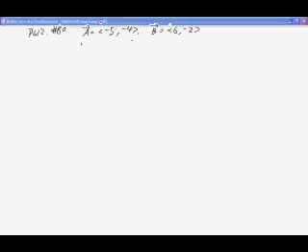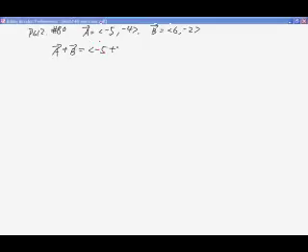Now we need to find the sum of these two vectors. So A plus B, we just add their components. Then we have negative 5 plus 6, and this is the first component of this resultant. And then negative 4 plus negative 2, and this is the second component of this resultant.